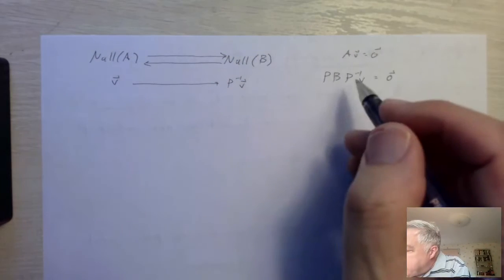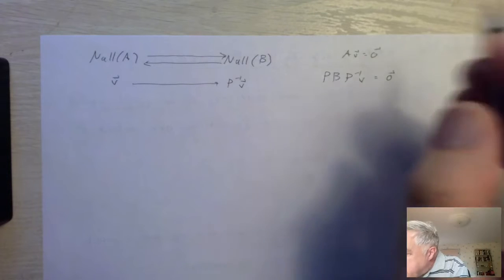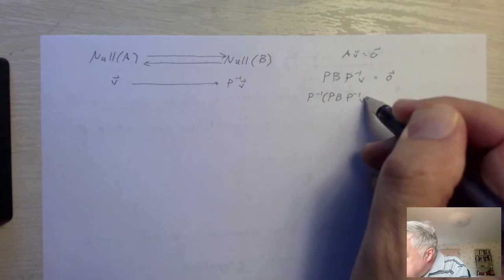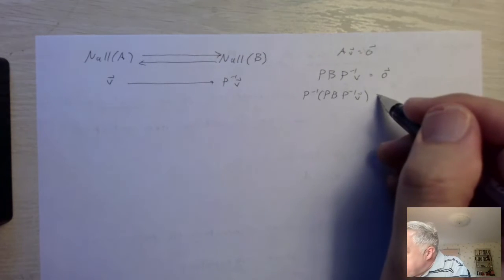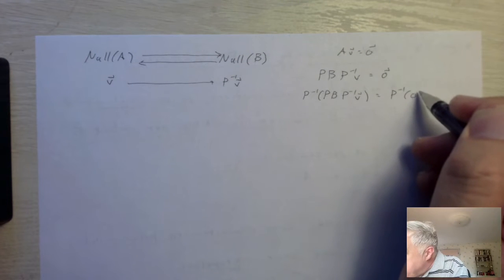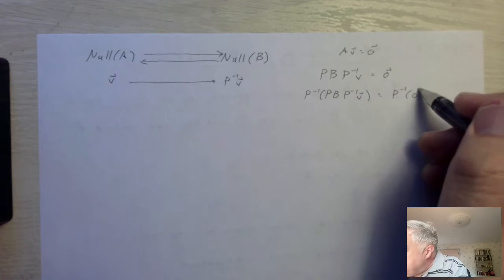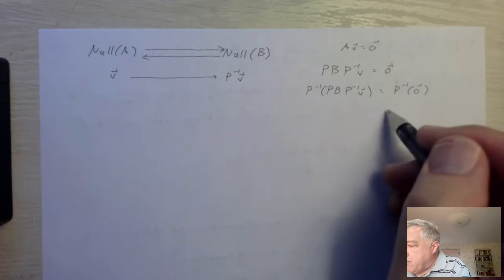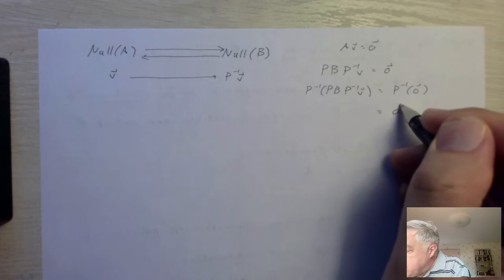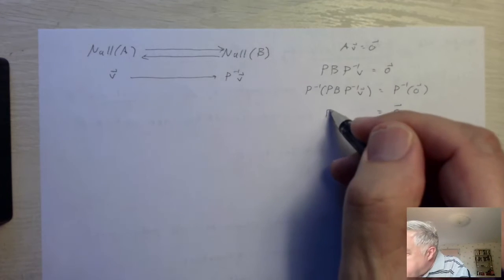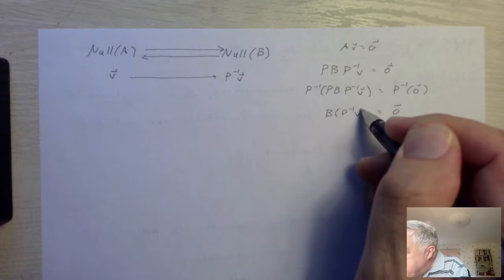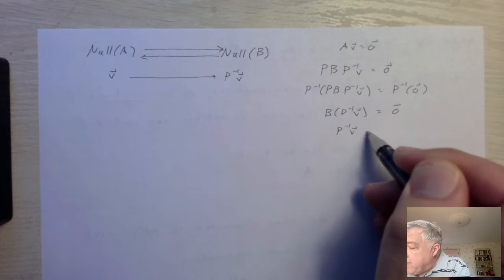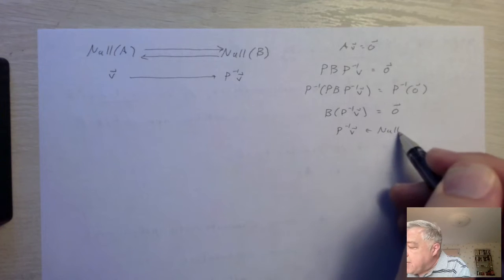And then we can apply P to both sides, and it's not very hard to see that this will be 0 as well. But this now is P inverse V. So you see that P inverse V, whatever that vector is, is in the null space of B.